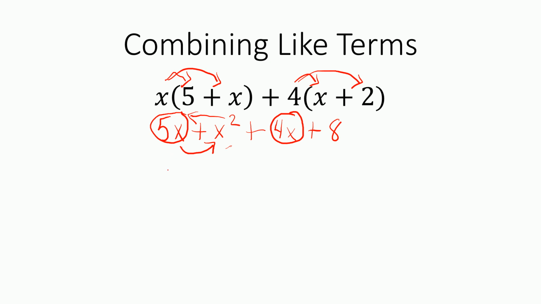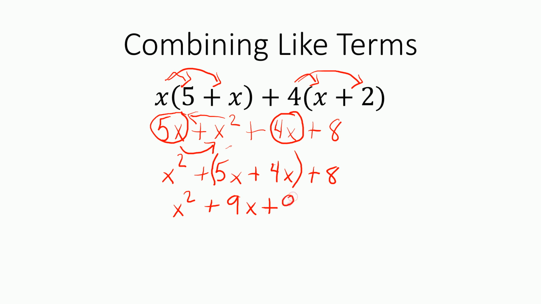So I'm going to rearrange those using the commutative property, and that way I have the x terms together, and then I can use the associative property to group them as a single unit. Essentially, that's what grouping does, because I'm going to add those anyway. And when I combine them, I'm just adding the numbers in front. Those are called coefficients. We're just adding those two numbers to get 9x. And then I still have plus 8.